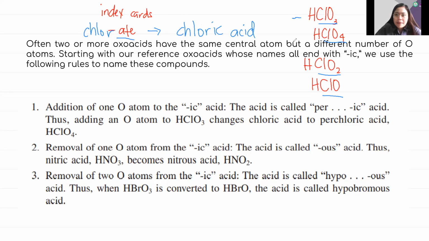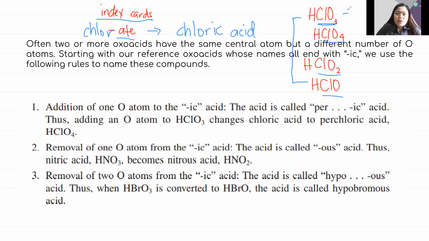But if they all have HCl, with Cl still as the central atom, always remember, go back to your index cards and look for the polyatomic ion that ends with ATE. Which of them ends with ATE? Isn't it ClO3?